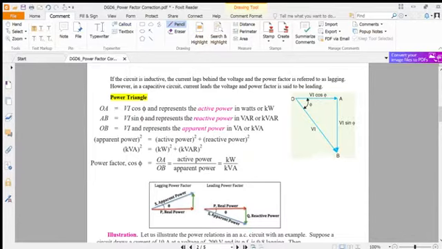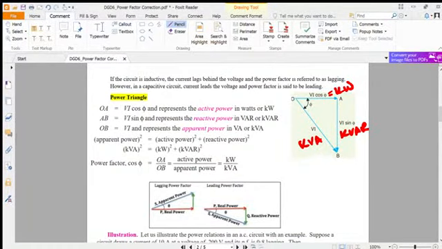This is watt, or we can write kilowatt. This is kilovar, and this is volt-ampere. There is no cos theta here.